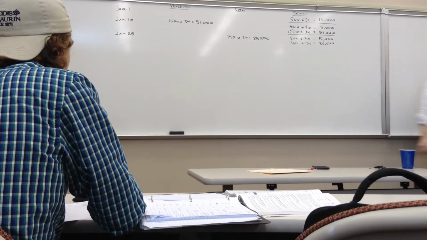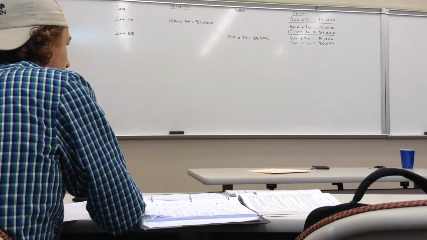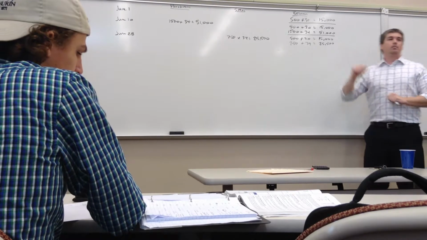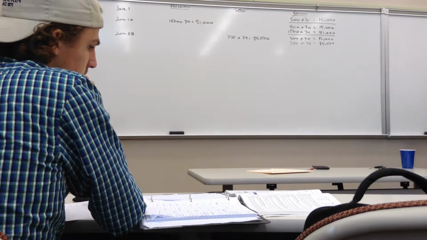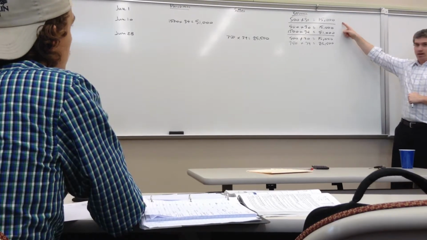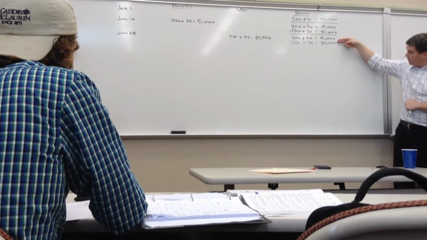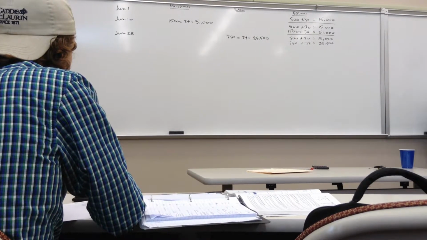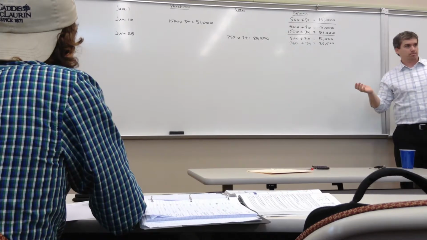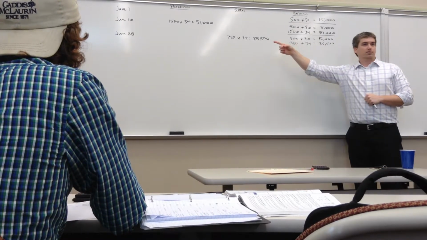Alright, so suppose I ask you this question. Remember, this is perpetual. You can tell me at any point, any date I give you, the inventory balance. Okay? So, what is the inventory balance on June 28th? We go straight here to our balance column, add up those two numbers, that's the inventory balance. If I ask you June 14th, well, there's not a transaction on June 14th.